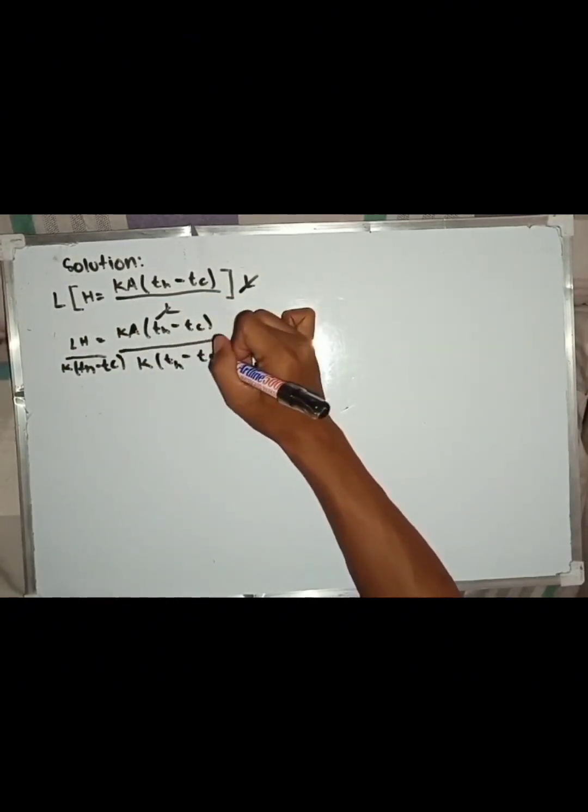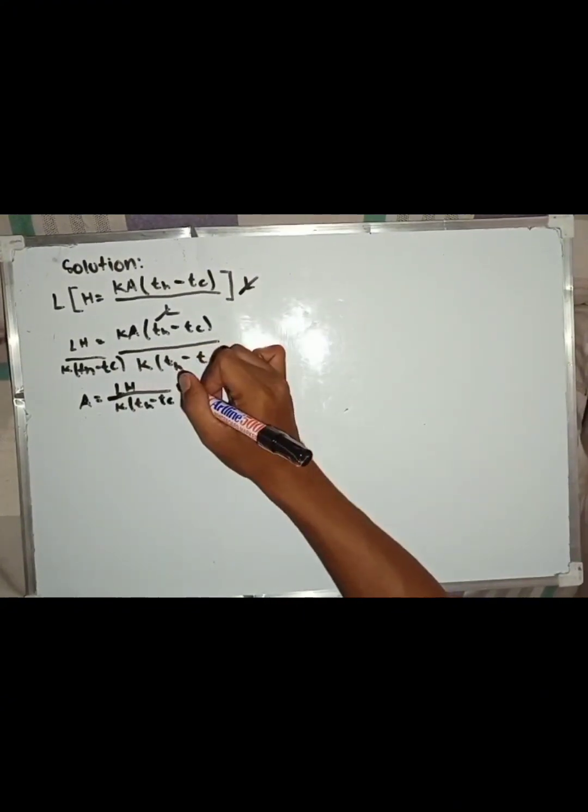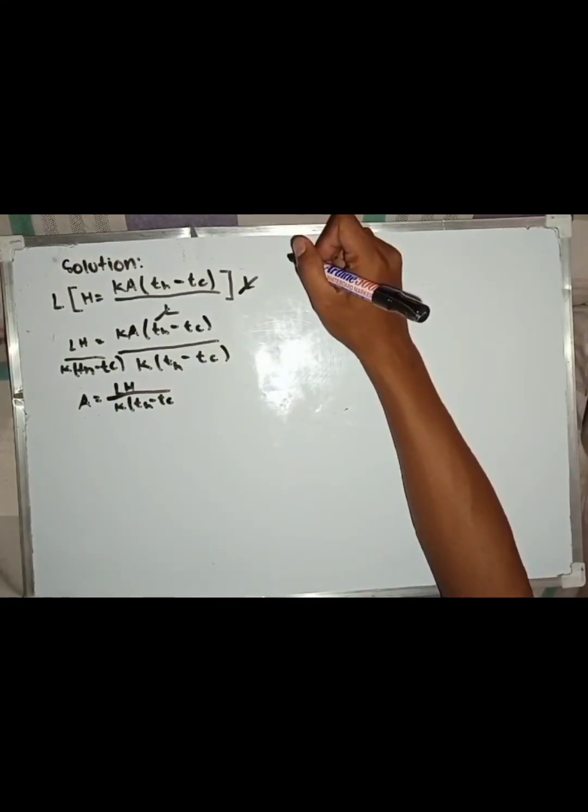A is equal to the length or the thickness times the heat current H, all over the thermal conductivity K times the temperature difference. In short, the temperature on the hot side minus the temperature on the cold side. But the problem is we don't have the value for our H.